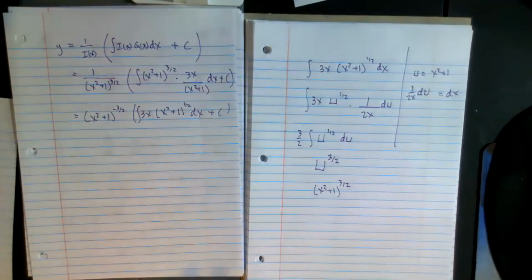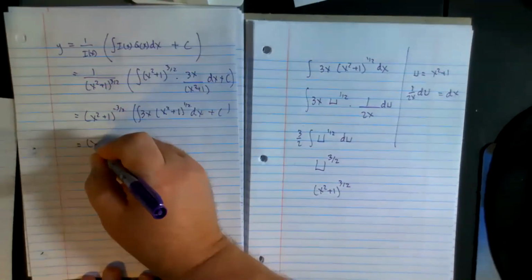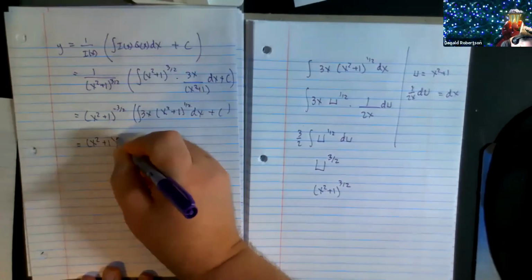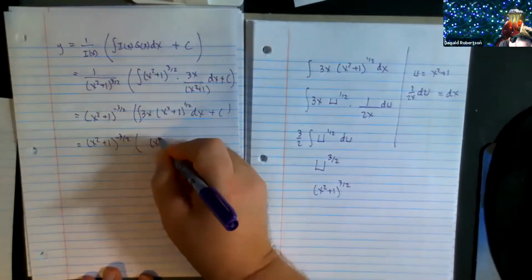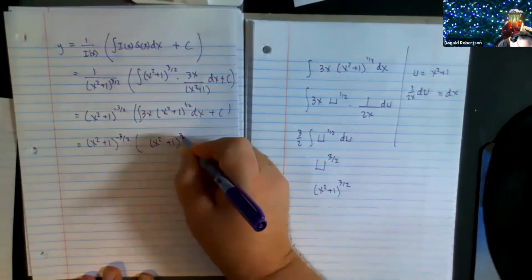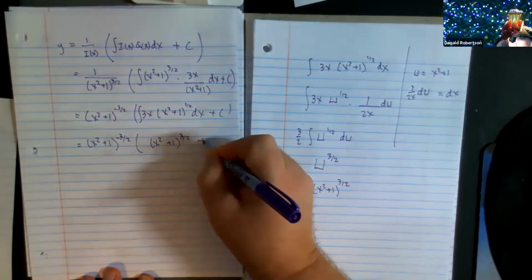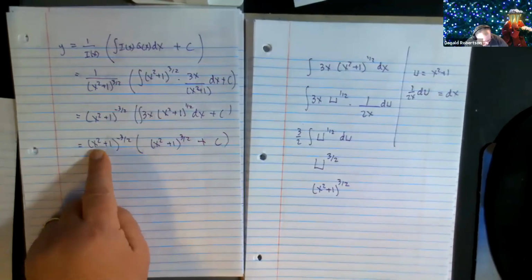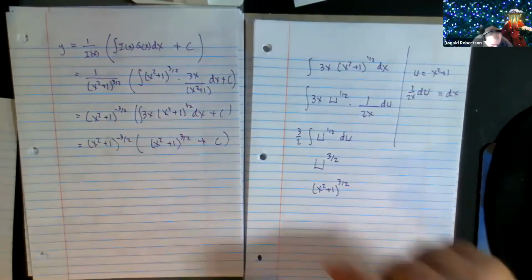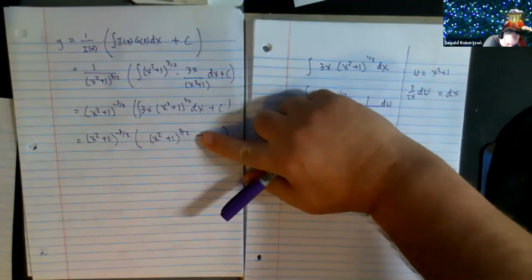Okay, so back over here, we now have x squared plus 1 to the negative 3/2. The integral is x squared plus 1 to the positive 3/2. Add a c. And if you distribute, multiply these two together, something really cool happens.